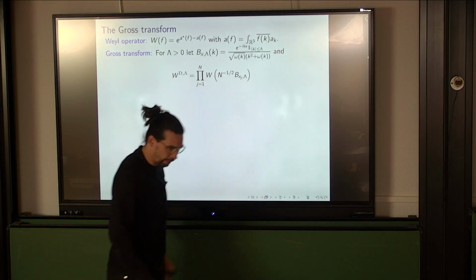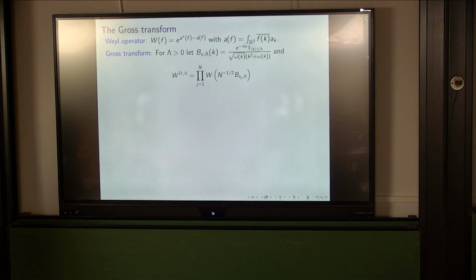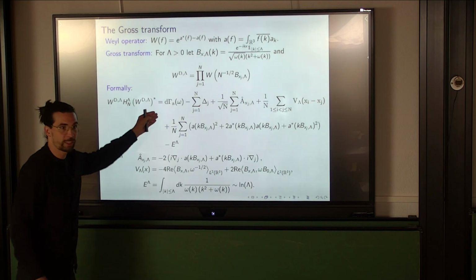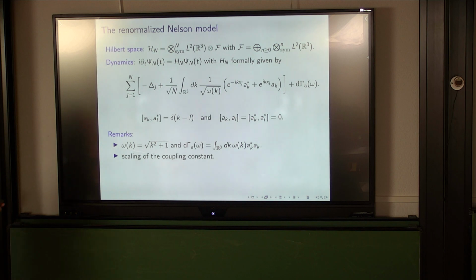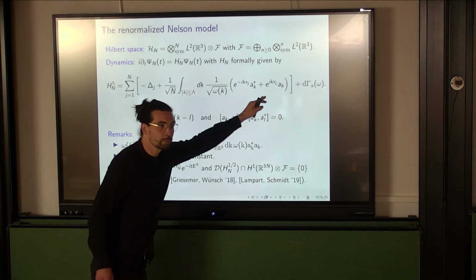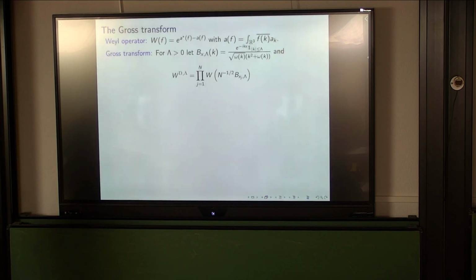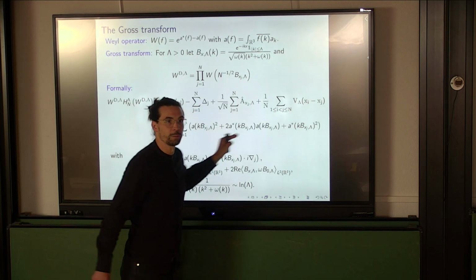which decays like 1 over k to the 5/2. If one now applies this Gross transform to the Hamiltonian with cutoff, one sees that the interaction with the quantum field gets replaced by these operators on the right-hand side.